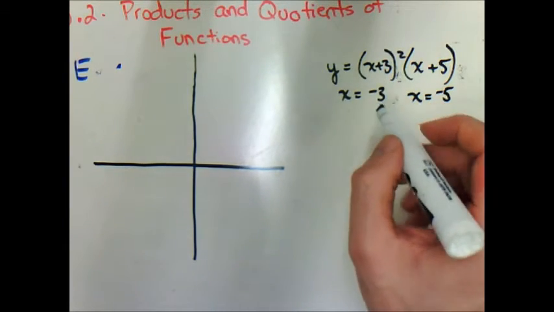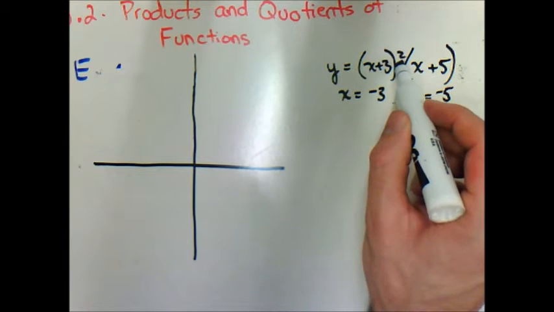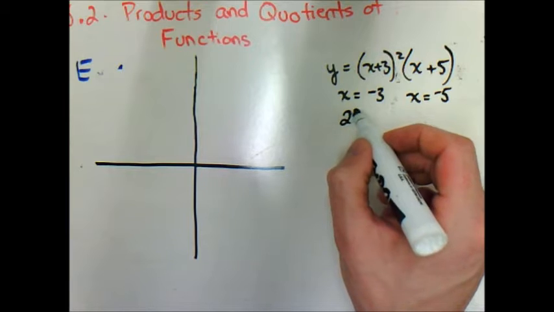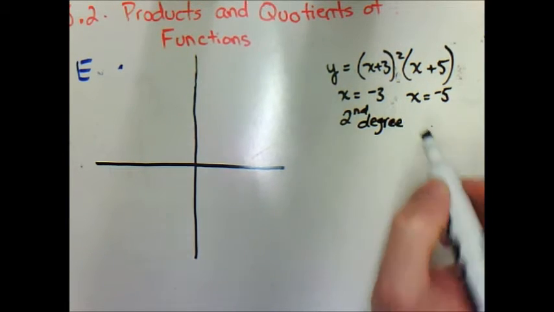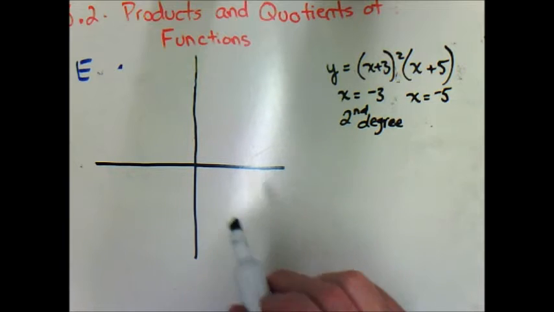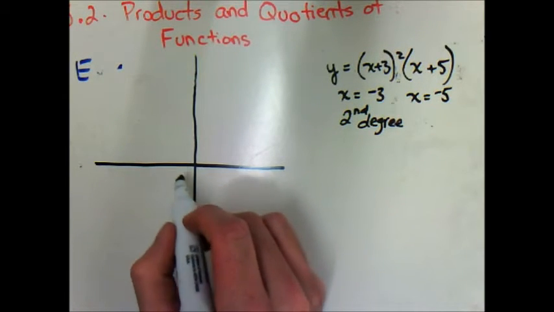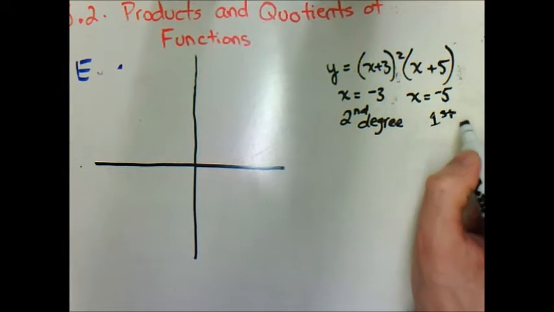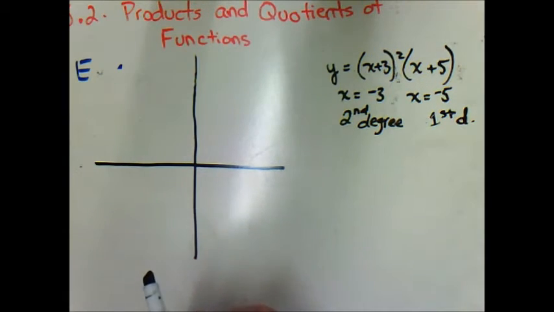But we know also that because this first binomial is squared, this is a zero of second degree, which means that it is simply going to touch the x-axis without crossing through it. And negative 5 here is a first degree, which means it is going to cross the x-axis at negative 5.